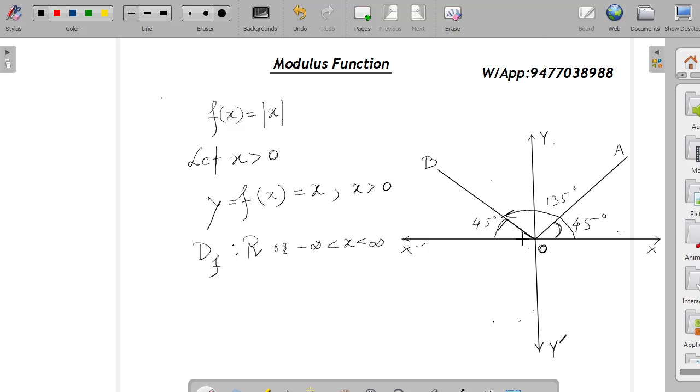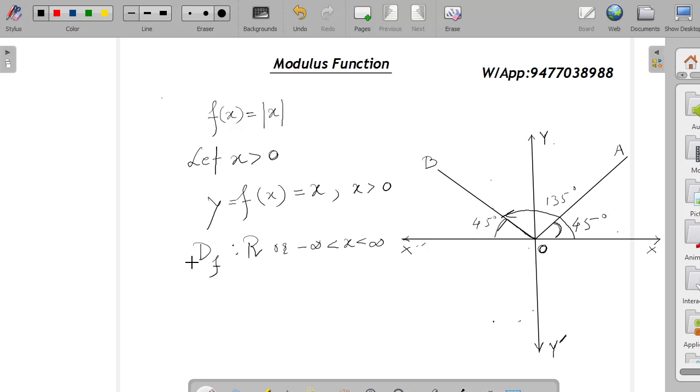As we can see graphically too, if we take a shadow of this graph on the x-axis, we could see that the domain is the set of all real values from minus infinity to infinity. Whereas if we take a shadow of the graph on the y-axis, we can see that the graph always accepts non-negative values.